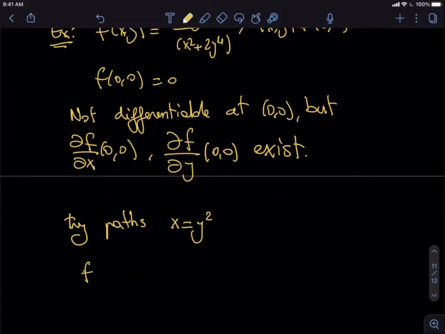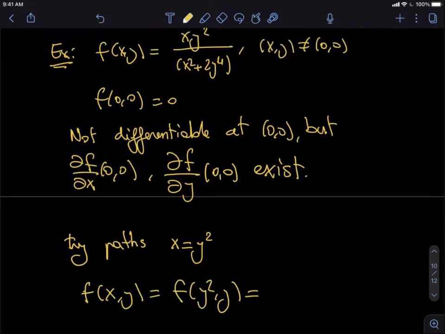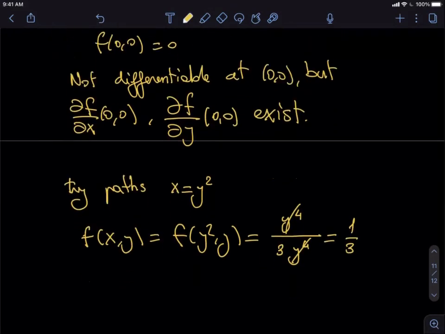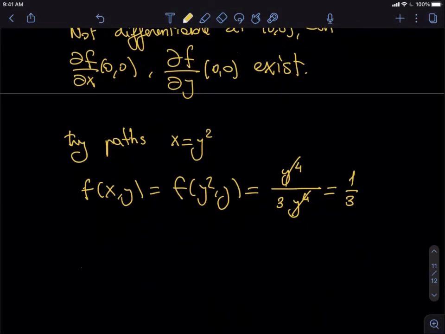So f of (x,y) equals f of (y squared, y). That is y squared times y to the power 4 divided by y to the power 4 times 3. So this is constant, equal to 3. But f of (0,0) equals 0.